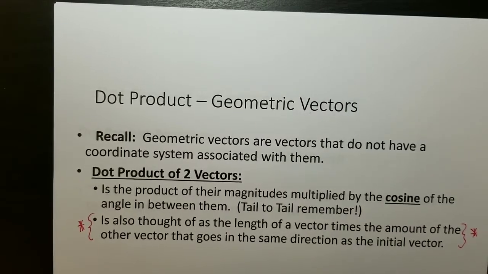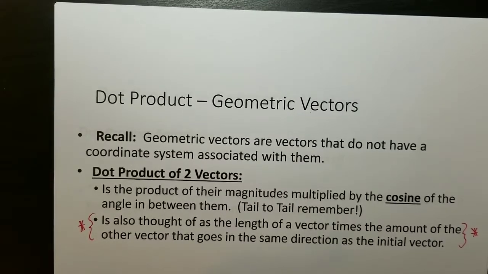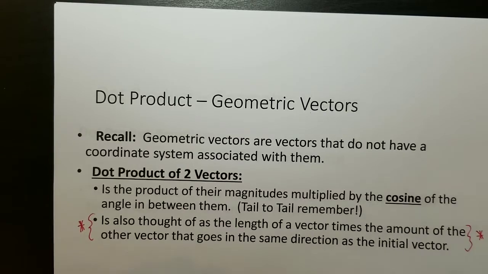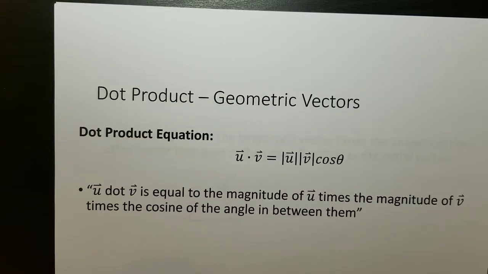I like to think of that as, how much are these vectors helping each other? How much are they working together, or are they working apart? The dot product gives us a scalar answer, a number that is representative of that. I'll show you once we take a look at this equation what that means.